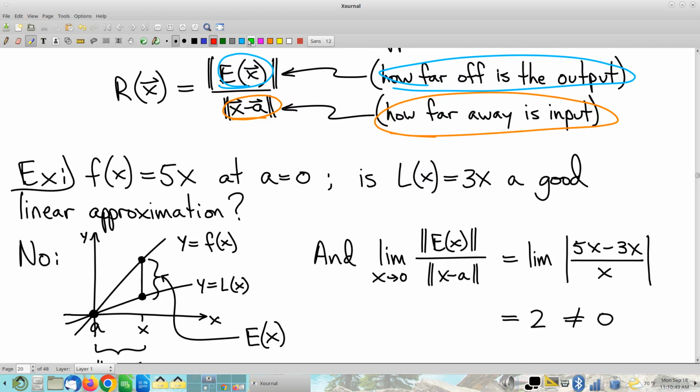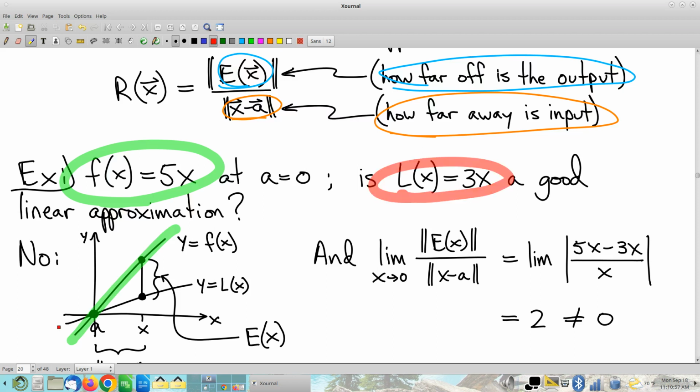Same function, 5x, right? There's the graph. Same ridiculous candidate, 3x. We know this is not what we want. We need a rule that will fail in this case so that we can eliminate this obviously mistaken candidate. So let's see if relative error does the job.